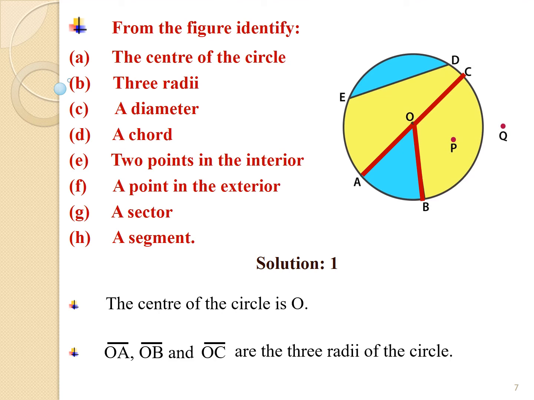Now C, line segment AC is the diameter of the given circle, whereas line segment ED is a chord of the circle.